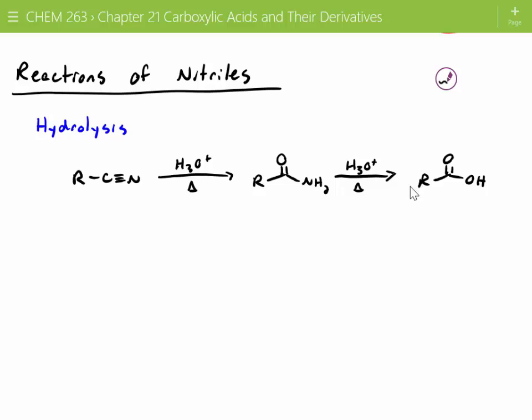Alternatively, you can take a nitrile and use sodium hydroxide and heat, just like we saw with amides, followed by an acidic workup. And this will give you your carboxylic acid directly. So we can interconvert pretty readily. This is very similar to the amide mechanism, so I'm not going to re-show everything.